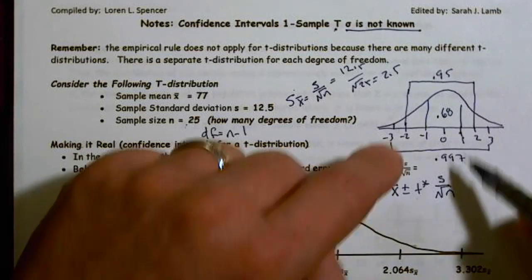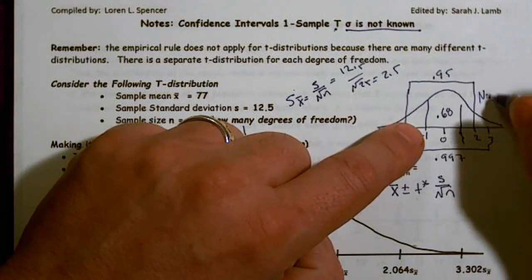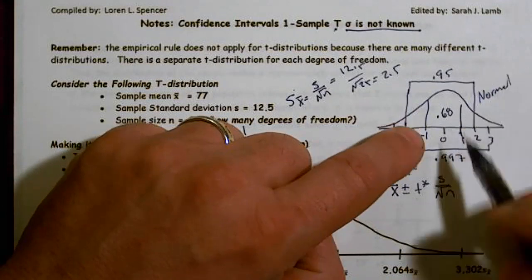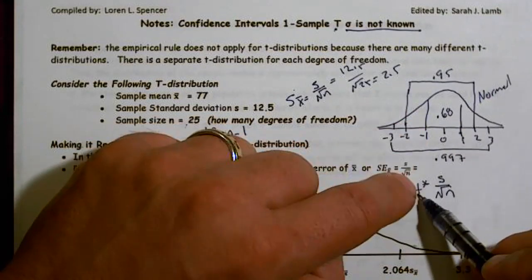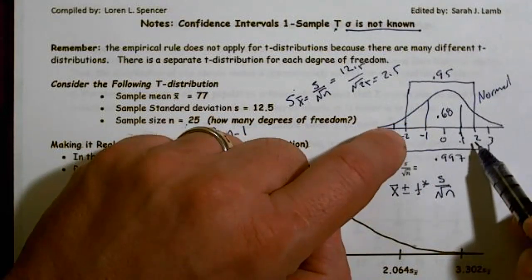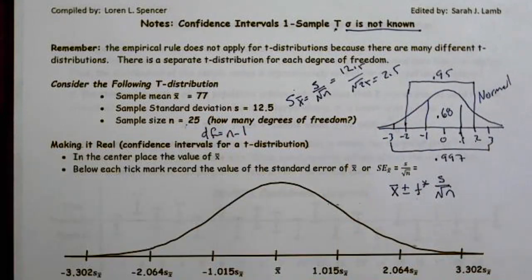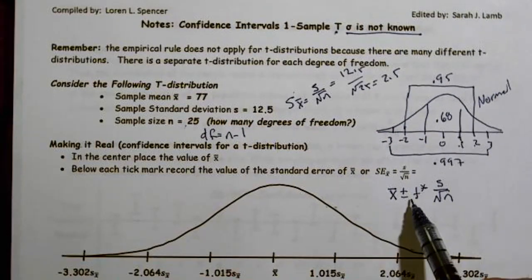Like I said, with a z, if we're working with a normal, that's an easy t star: for 68% it would be 1, for 95% it would be 2, for 99.7% it would be 3. But it's not going to be 1, 2, and 3 for a t, since that would have been for a z. This is going to be for a t.